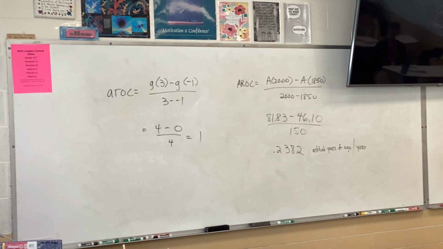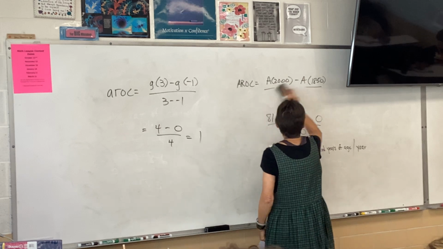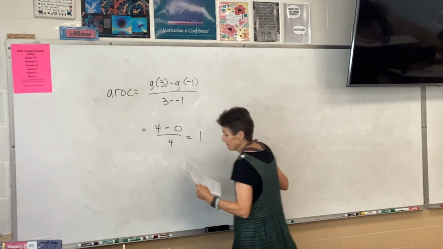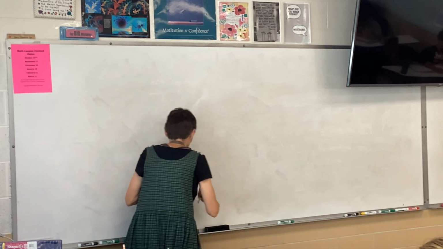Your row is going to do A. You're going to find your average rate of change on that interval. You guys are going to do B, you guys are going to do C, and I'm going to do D. So find your average rate of change, set your formula up correctly.